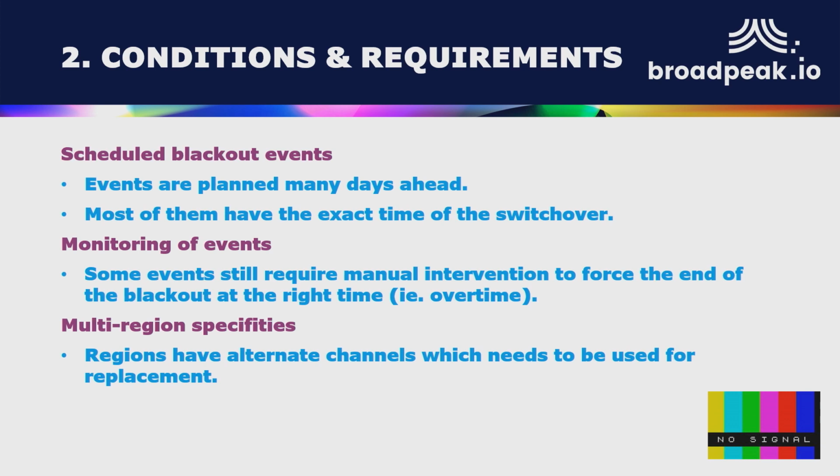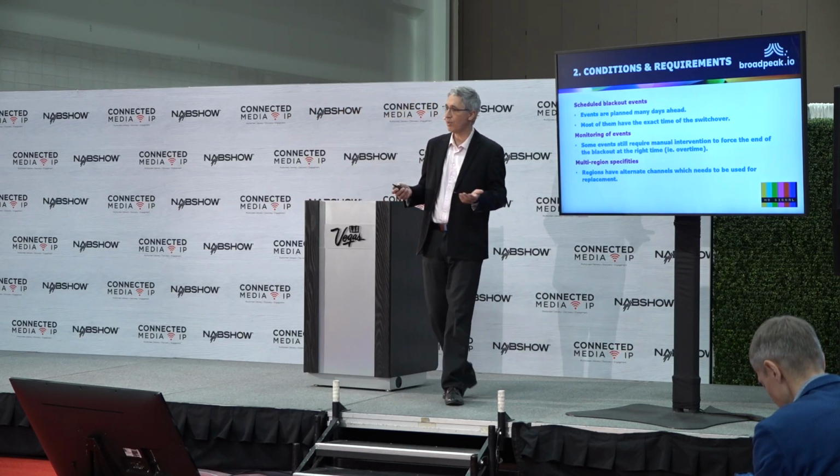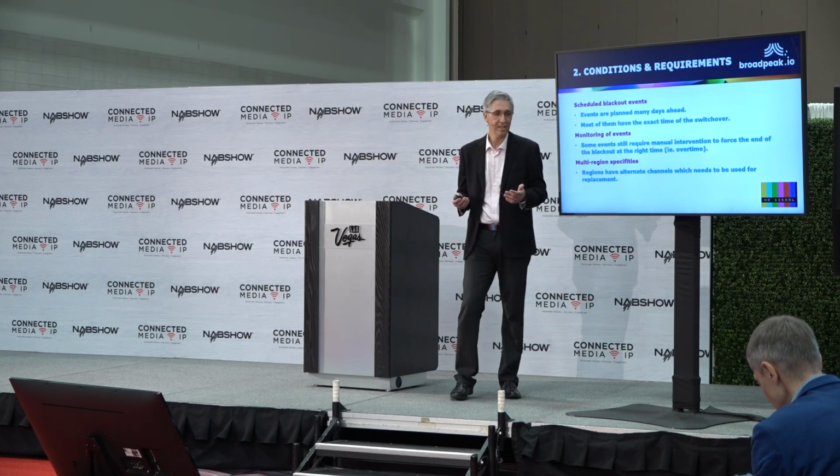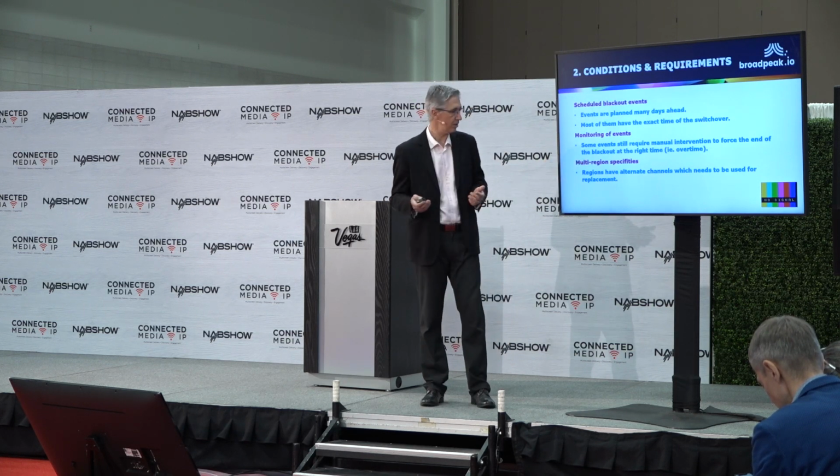And in fact, the time of switchover is also known in advance pretty accurately, so that's a good starting point. Now the challenge is that some of those events need to be delayed, for instance, for bad weather conditions, or they need to be extended just because of overtime. This is very typical in a number of sports games, and this is where it requires manual intervention.